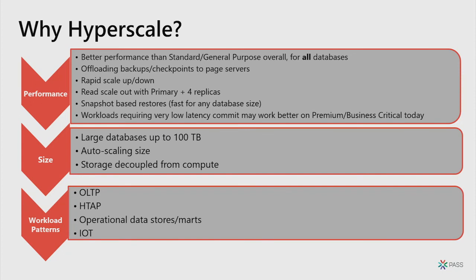You have more of the hybrid, which is OLTP with some level of real-time operational analytics. Then you have operational data marts, often to front-end dashboards and things of that nature. And you have IoT and other near real-time scenarios which are enabled with this.